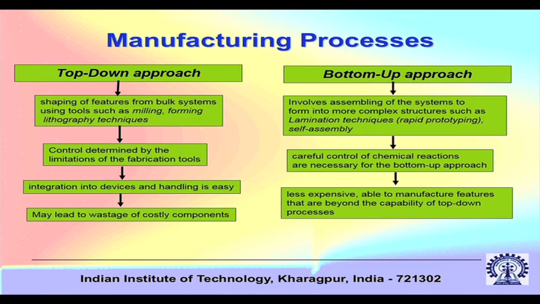Bottom up approach involves assembling of the systems to form more complex structures, such as lamination techniques, for example rapid prototyping, and self assembly. So you have small parts of the system and you assemble those small parts to make the final product, and these small parts may sometimes be assembled by self assembly or self organization.